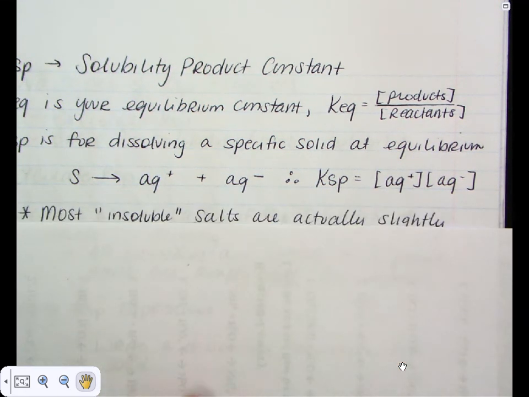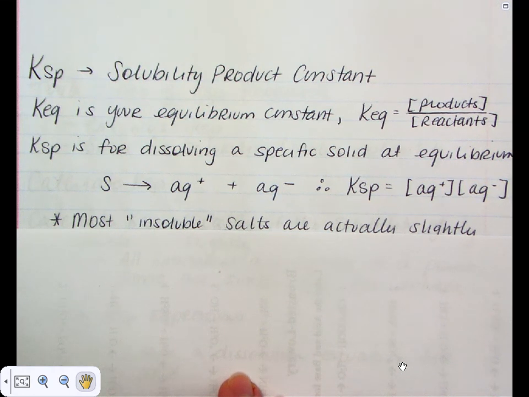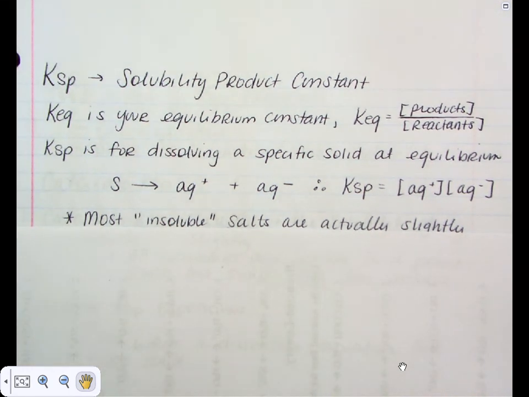So, and here's where we have to reconcile a little white lie that I have told you. If you are not going on to take AP Chem, you can perfectly live in the world where things that are insoluble do not dissolve. But that's really not true.